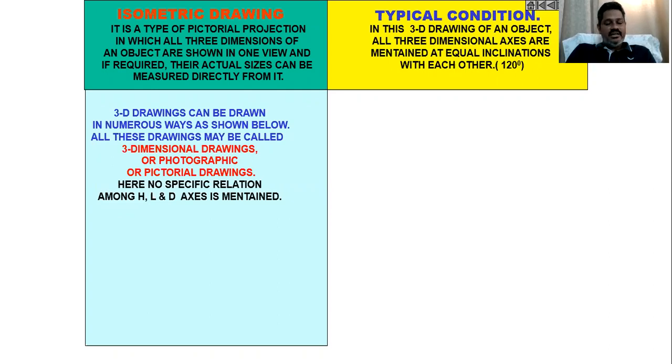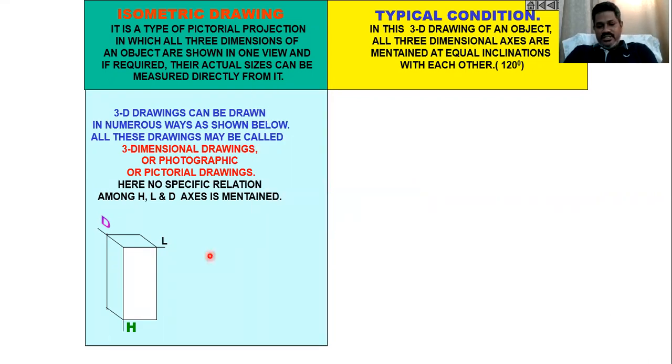That means length, depth, and height can be represented on any of the axes, as you can see here. You have a square prism on which this will be the height, this will be the length, and this will be the depth.